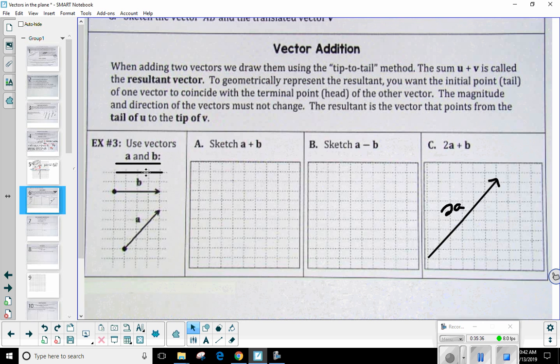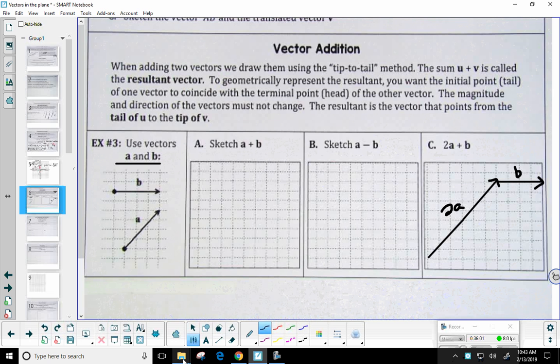And remember, when you're doing this graphically, it has to be terminal and initial. You can't put 2 terminals together. You can't put 2 initials together when you first start. So I'm going to come on over here, right there, so that this is B. See, I put the terminal of 2A to the initial of B.